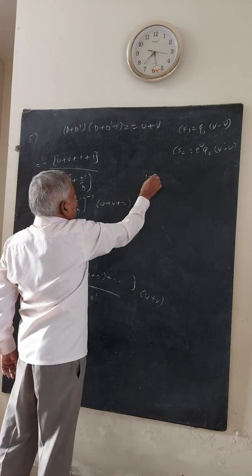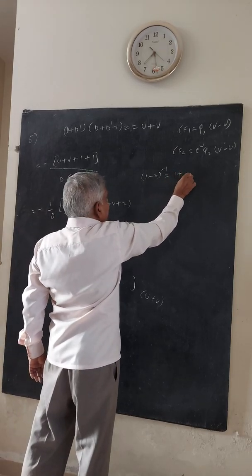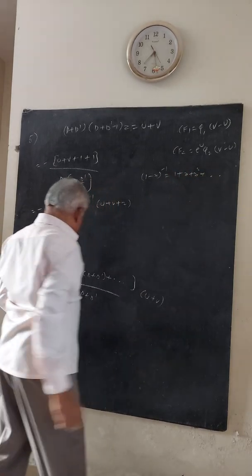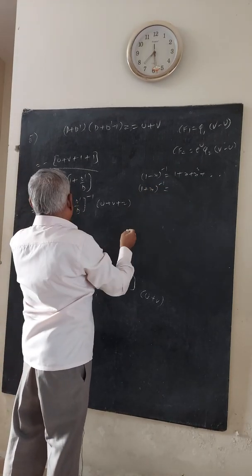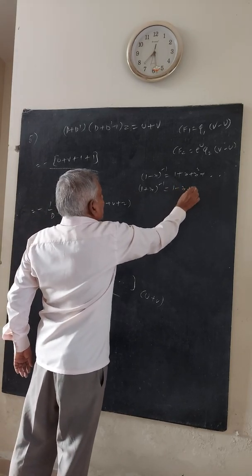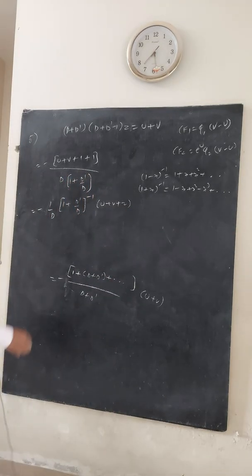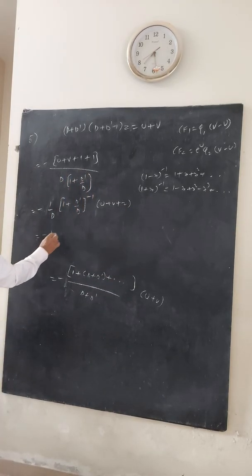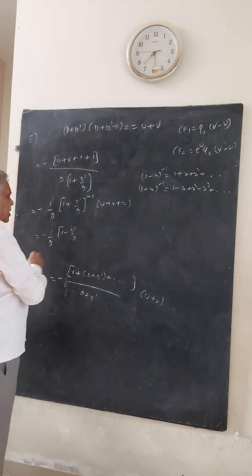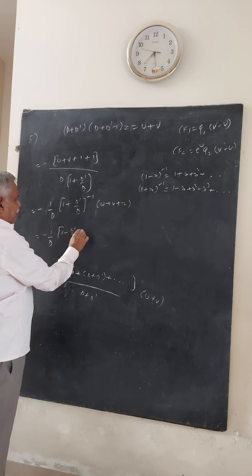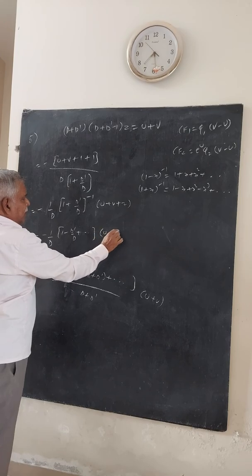We have applied binomial expansion, 1 minus x whole power minus 1 equals 1 plus x square plus etc. Applied here, 1 plus x whole power minus 1. We are going to apply 1 minus x plus x square minus x cube, alternate sign, plus etc. This we are using binomial expansion. 1 by D, 1 minus D dash by D, square not necessary, plus etc. of u plus v plus 2, there are single powers of u and v.